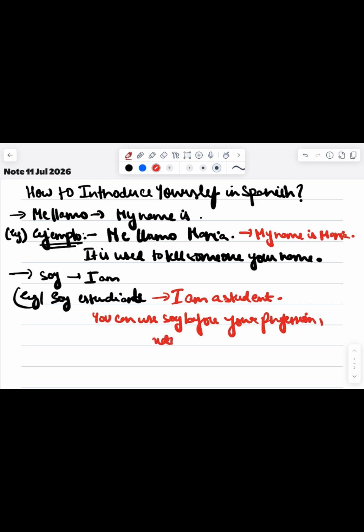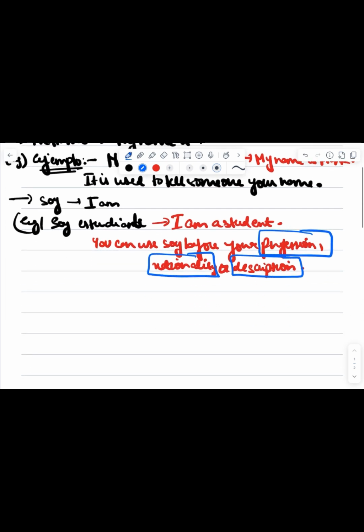If you're introducing yourself to your friend, family member, or your teacher, especially in school, these phrases are very powerful. It shows that you are good at Spanish, and that you are learning it each day. As a small recap, soy is used for profession, nationality, and description.